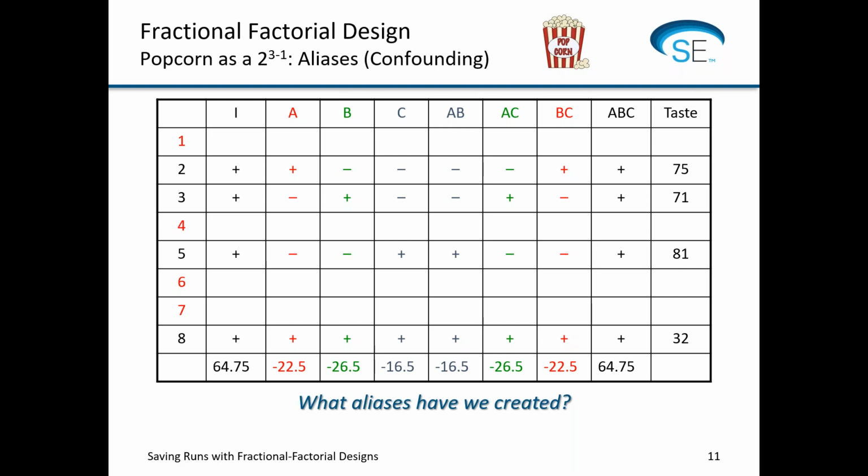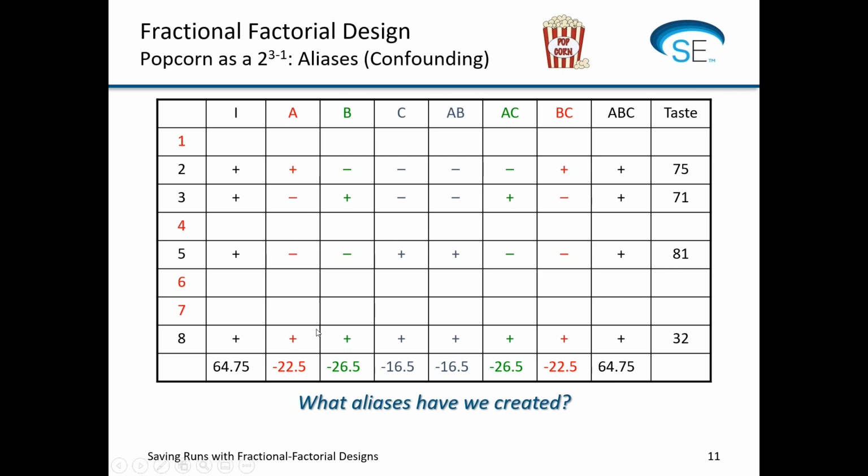They're exactly the same. That means we call these two columns aliases of each other. That's the word that's used. A and BC are aliased together. They are identical columns. Okay, if they're identical columns, then what happens when we calculate the effect?